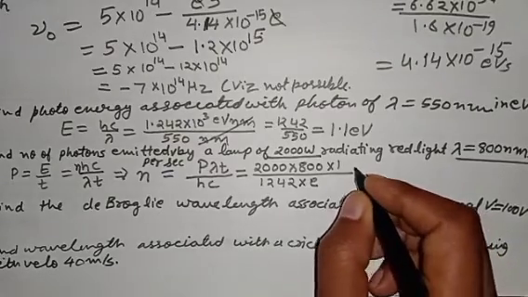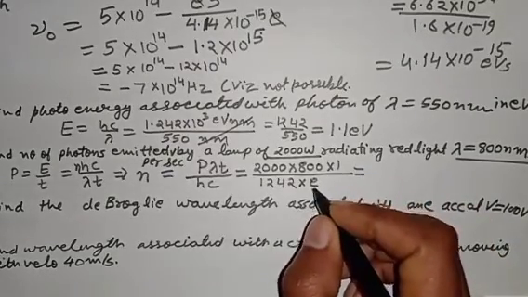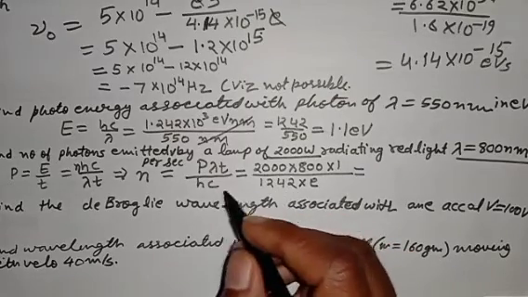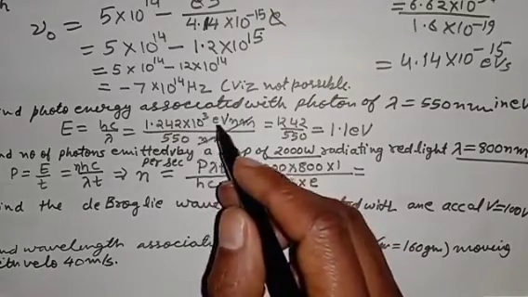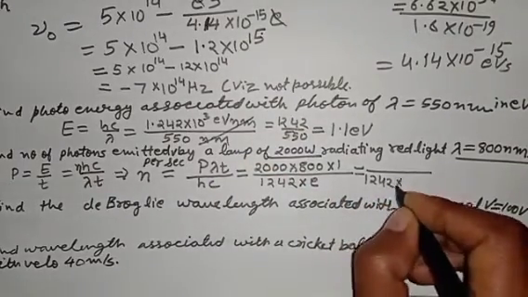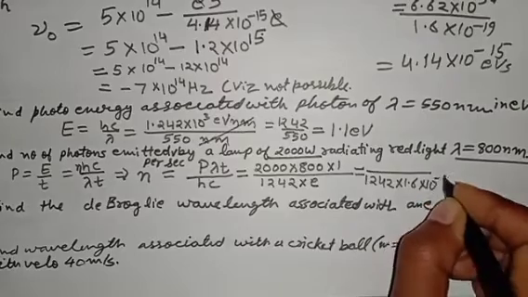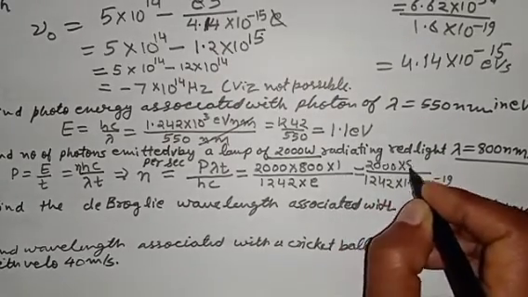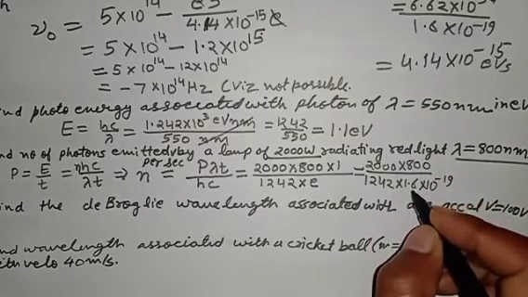So I have to use the value of e also. So here we have to include the electronic charge also. So 1242 into 1.6 into 10 to the power minus 19, and here 2000 into 800, and now we can easily solve it.